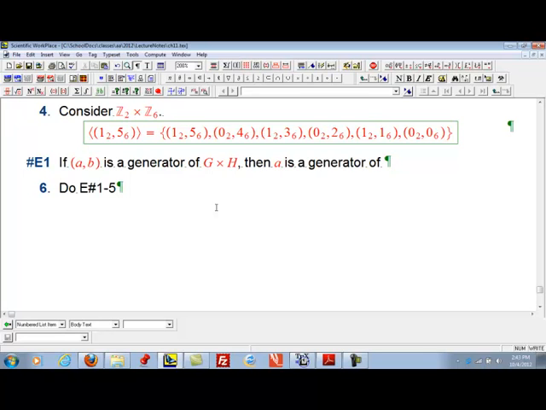G is in G, H is in H. But (g, 0) is a subgroup of that. Yeah, but that's not the same thing as G. Right, but what you have to do is say, for all g in G, there exists an n in the integers such that a to the n is equal to g. That's what you're trying to do. Does that make sense? Where (a, b) is a generator for G cross H.